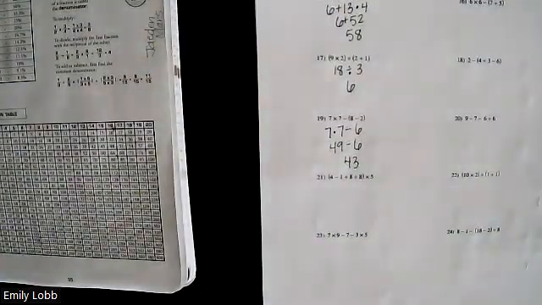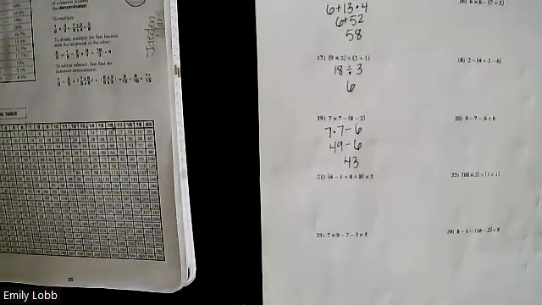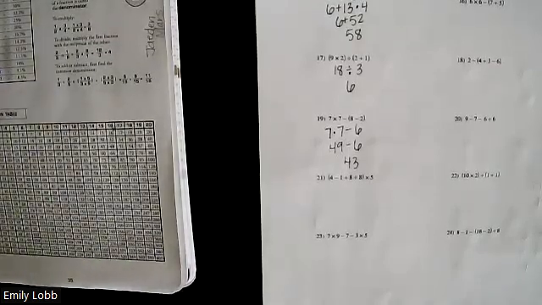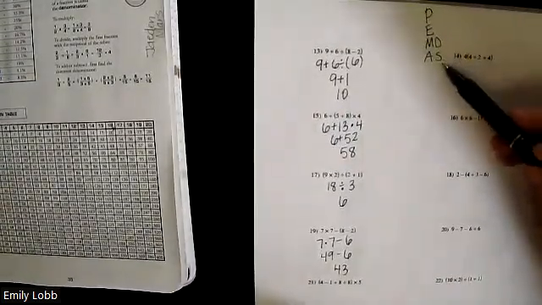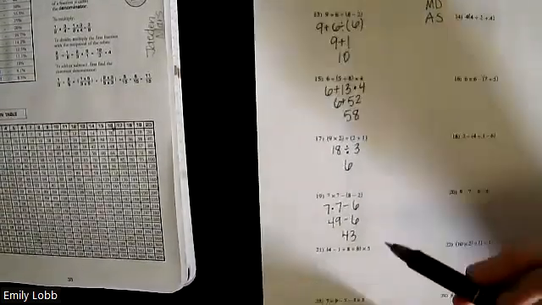All right, now I have a lot in these parentheses. What do I do first inside these parentheses? Do I subtract? Do I add? I have to still follow the order of operations. Multiplying and dividing come before addition and subtraction.